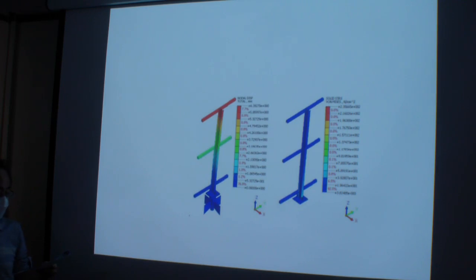The H-beam spacing was 3 meters. The upper and the lower parts were bolted, and the displacement distribution and the stress distribution were shown in figure 8.